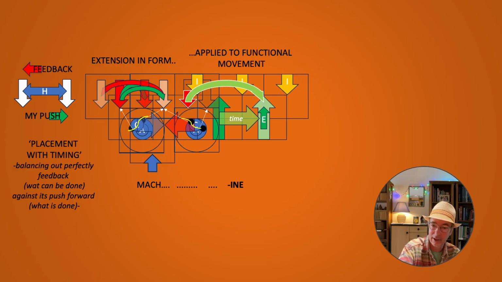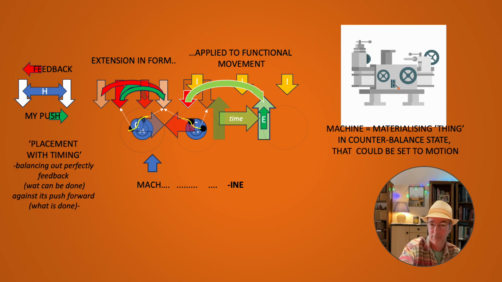It's not an easy word, so I will have a more simple word which also starts with mash, but machine should be, as an idea, actually understandable, that it has these variations, so from here to here, which you can actually switch on so that it will actually also start to move and continue to move and have this counterbalance state set in motion so that it will be materialized further.